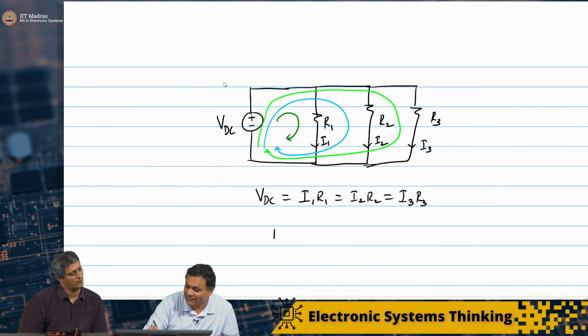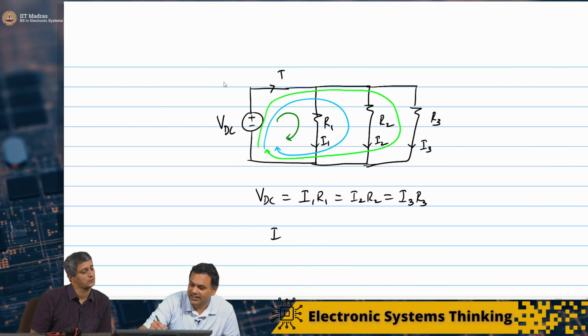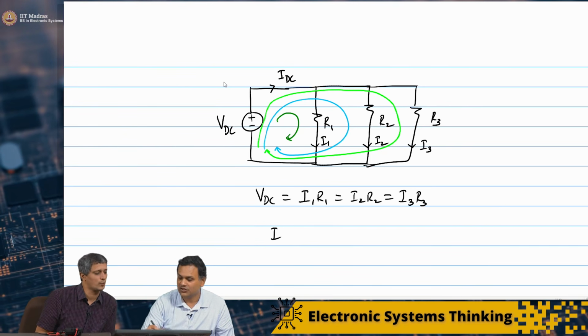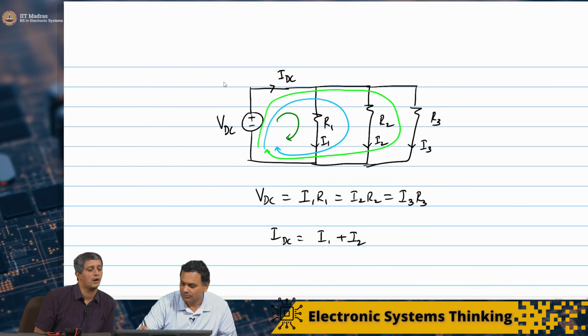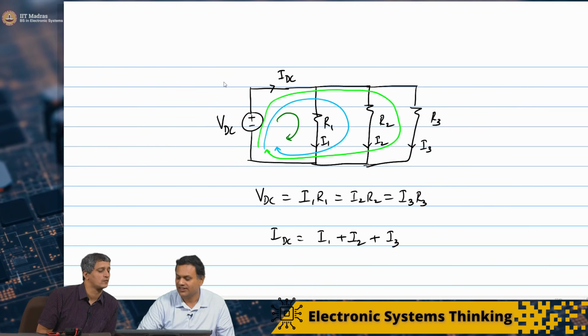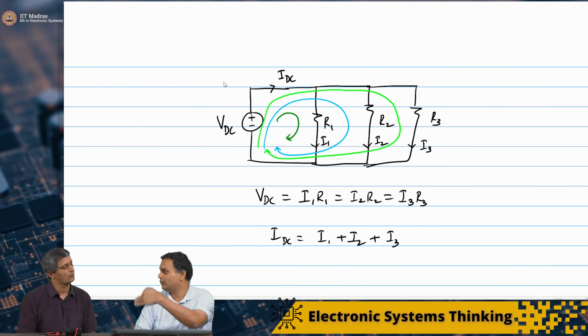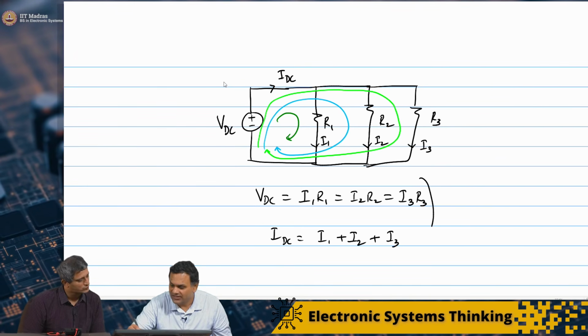And then I will use this with the KCL equation, which is IDC equal to I1 plus I2 plus I3, because that IDC current is splitting into the 3 parts.